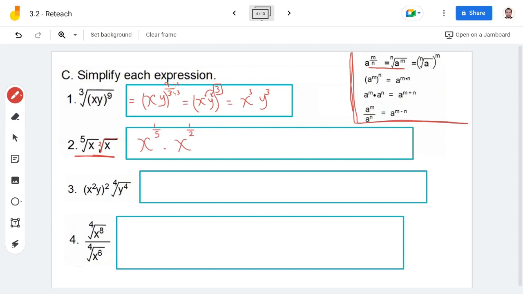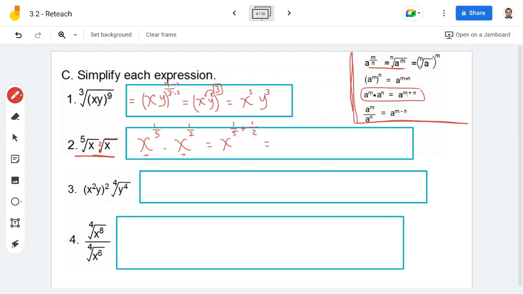Now, look at this one. They have the same base, different powers. So what happens with the powers? We add them together. So now we add them together: x to the power of 1 over 5 plus 1 over 2.